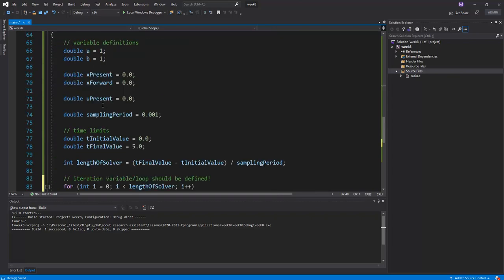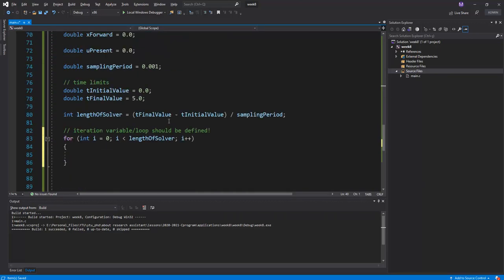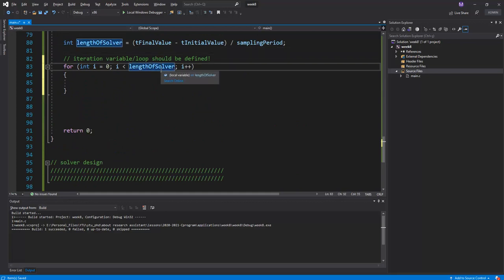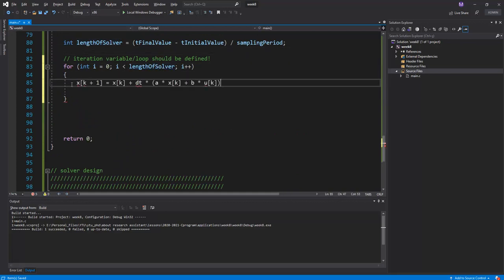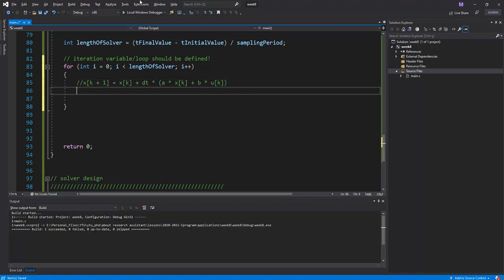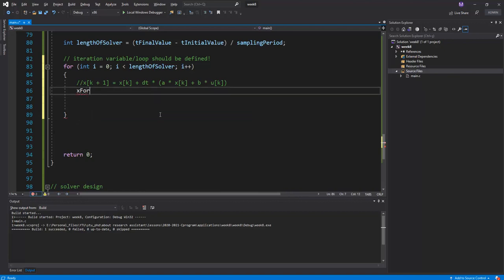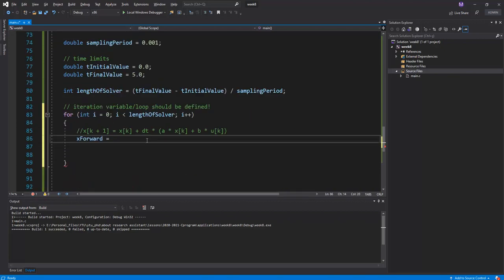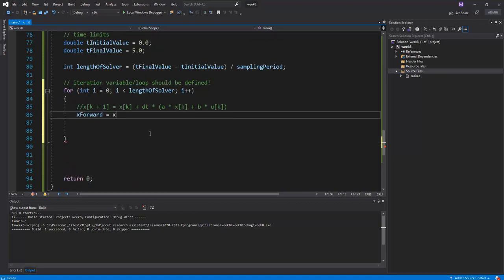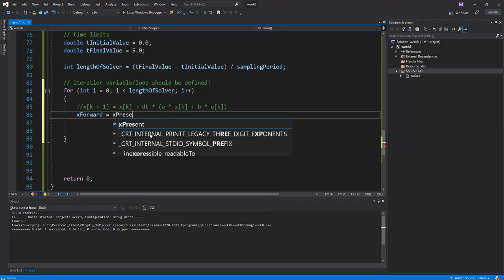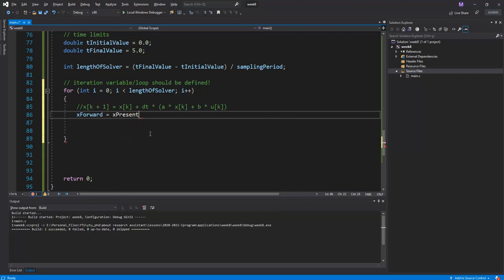And so the x k plus 1 is also given in here. X k plus 1 is equal to what? X forward value. Okay? And so the x forward is equal to what? X present value plus dt, which is equal to what? The sampling period.